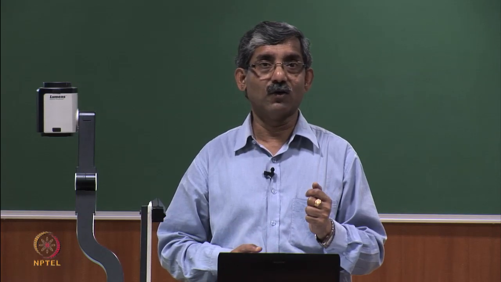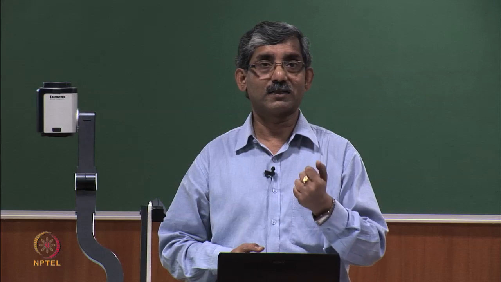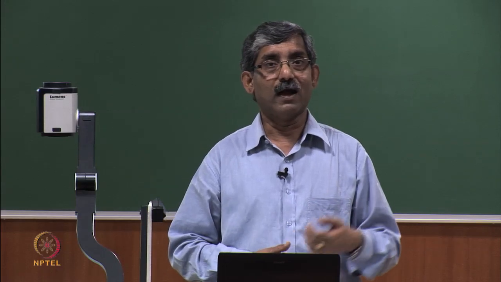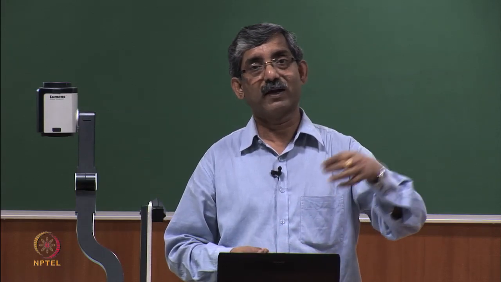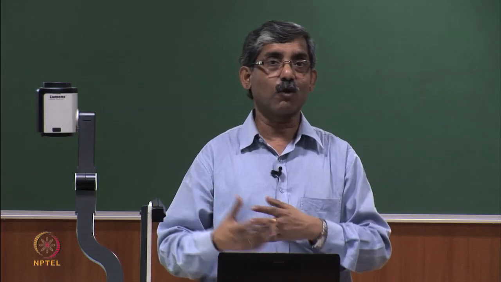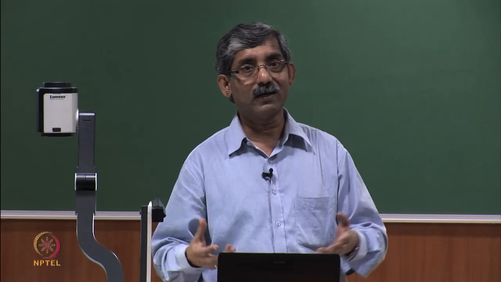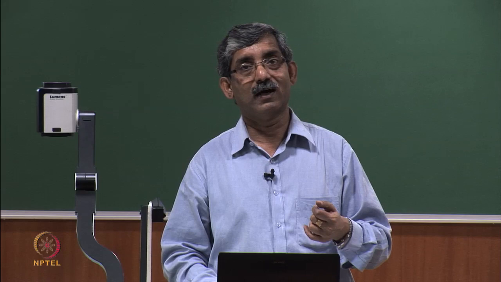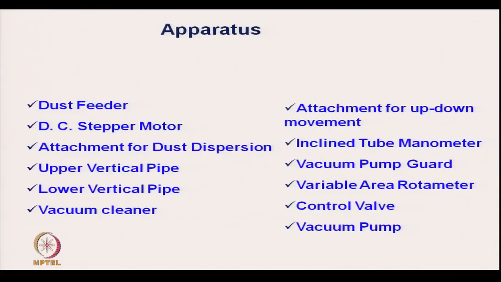The rate is controlled by the stepper motor, and after the dust is fed, it has to mix properly with the air, using the dust dispersion attachment. There will be a vertical pipe which is responsible for channelizing the dust loaded air through the filter medium.